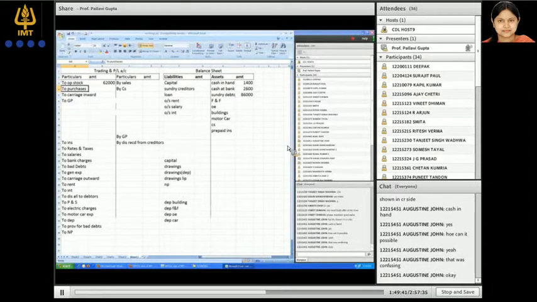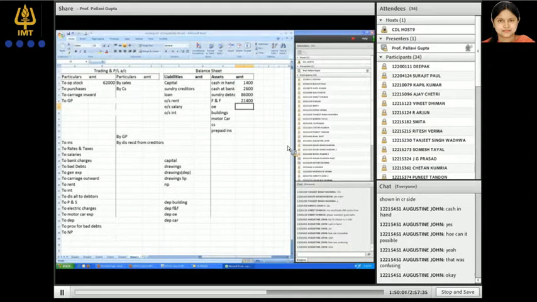Furniture and fixtures. Furniture and fixture is the fixed asset. It is a part of the balance sheet, asset side, 21,400. Office equipment again the part of the fixed asset.